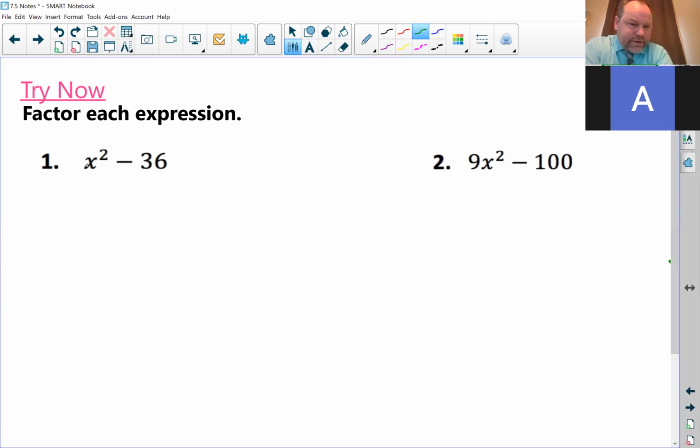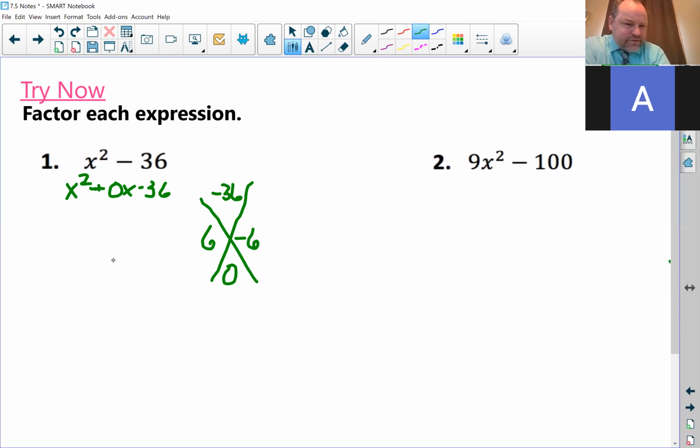Again, if the x squared doesn't have a number in front of it, you could use the x method. They have to multiply to negative 36, and then you have to remember they have to add to 0, because this is like x squared plus 0x minus 36. It just means we have opposite values.